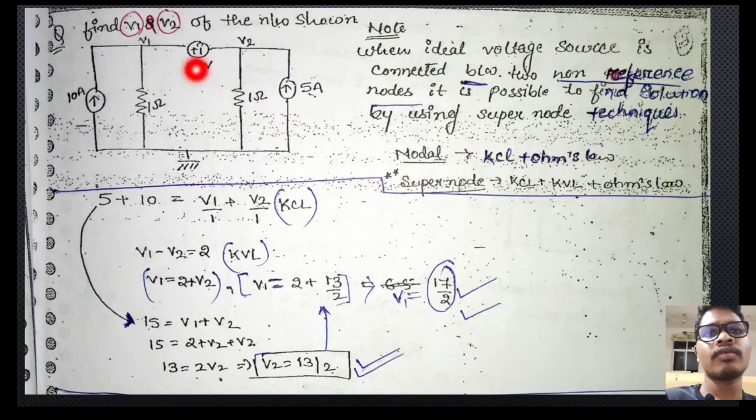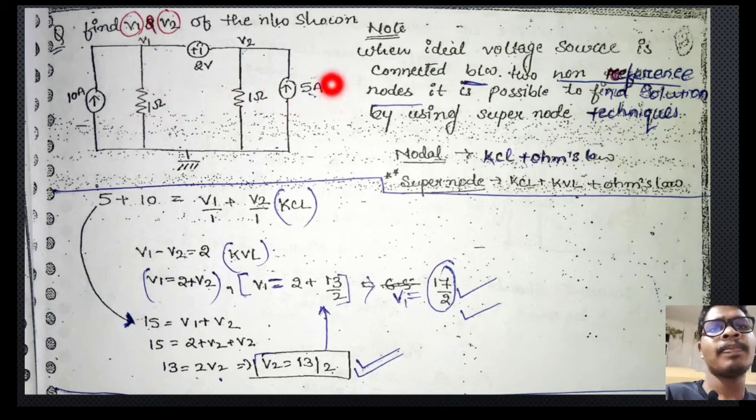Now come to another question. It is asking to find V1 and V2 of the network. So this is the network with a 10 ampere current source with a 1 ohm resistance in parallel connection. Here also there is a 5 ampere current source with a 1 ohm resistance, and there are nodes 1, 2 and 3.